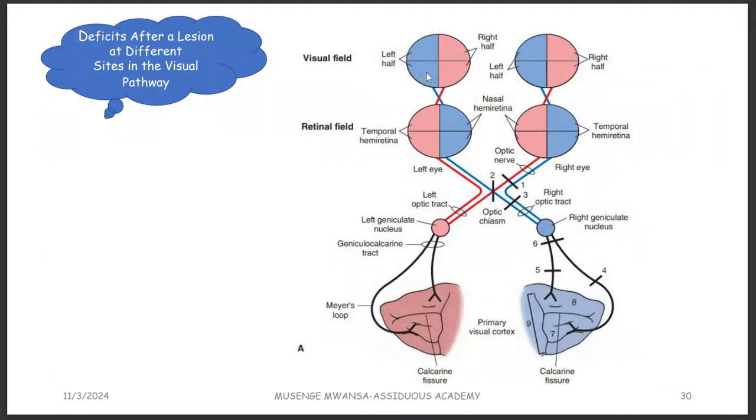Let's look at this diagram. What is on top here represents the visual fields. On the left side, this is going to be the left visual field, and this is the right visual field.